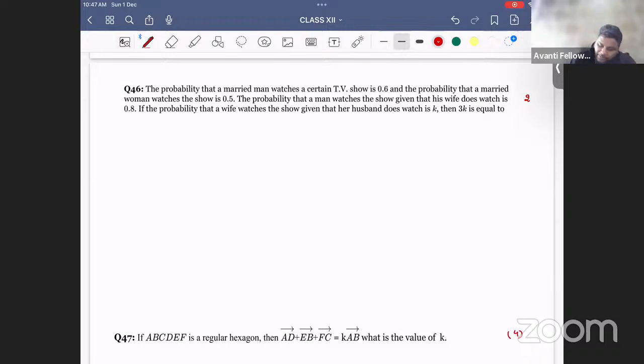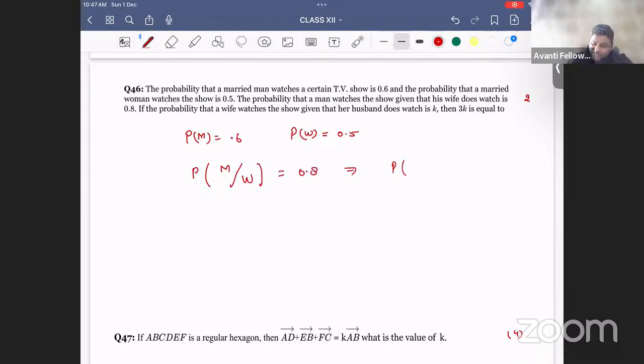See, probability of men watching the show is 0.6. Probability of women watching the show is 0.5. Now, probability of men watching the show given his wife is also watching is 0.8.